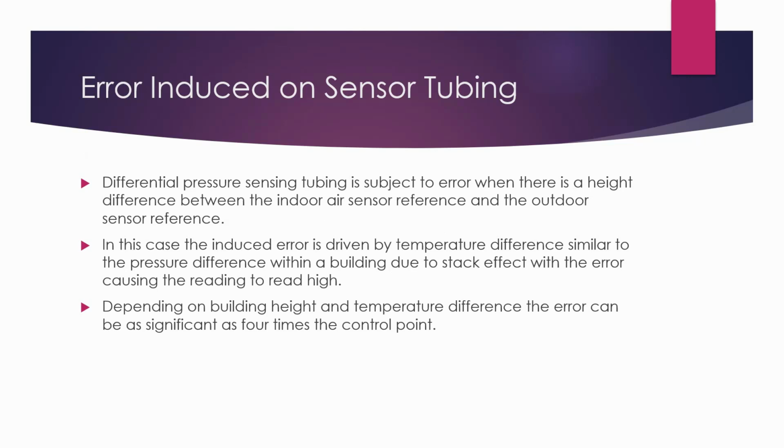In this case, the induced error is driven by temperature difference, similar to the pressure difference within a building due to stack effect, with the error causing the reading to read high. Depending on the height and temperature difference, the error can be as significant as 4 times the control point.